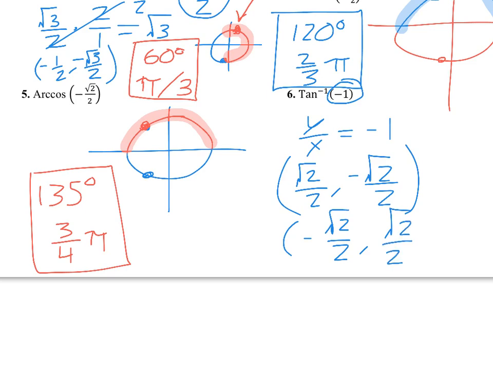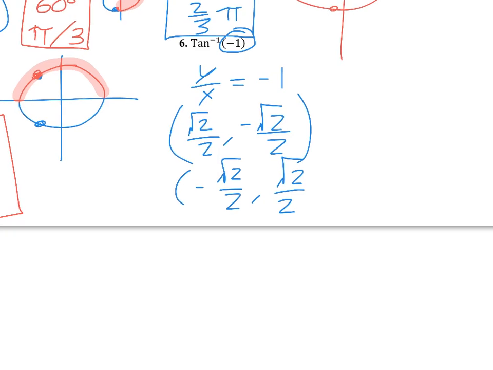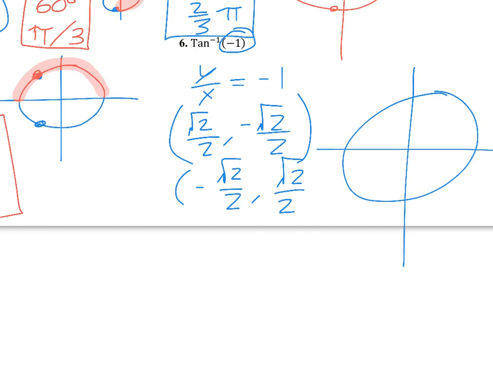So on a unit circle, where do those occur? We know they occur in the middle, so that would be here, because x is negative and y is positive, or here. This is where x is positive and y is negative. Our domain restricts us here for tangent.